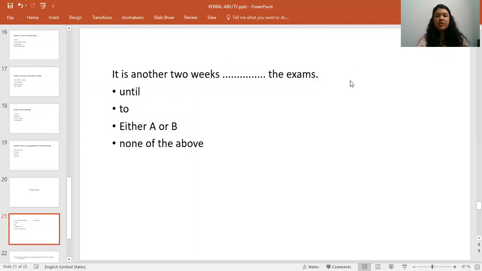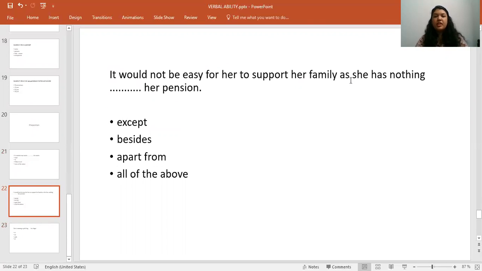The next question: it would not be easy for her to support her family as she has nothing dash her pension. Options: except, besides, apart from, all of the above. In this case, the sentence is of a negative sense, since we have used not and nothing.